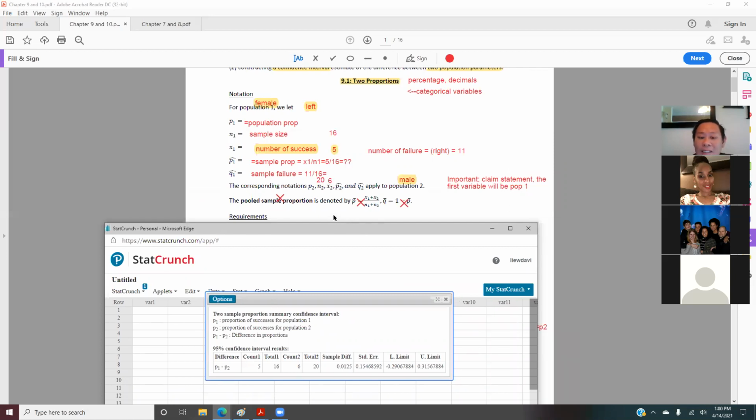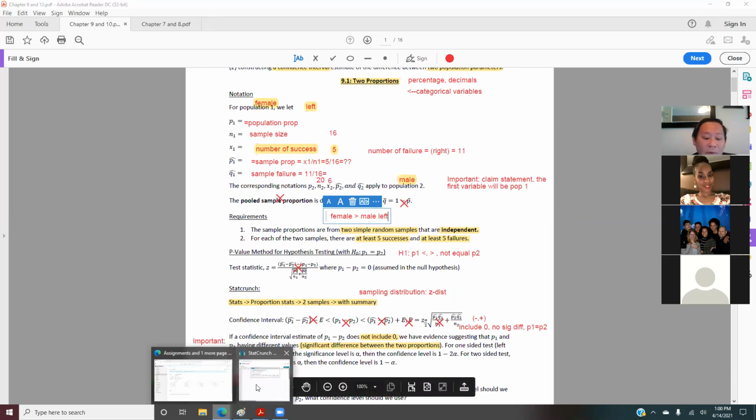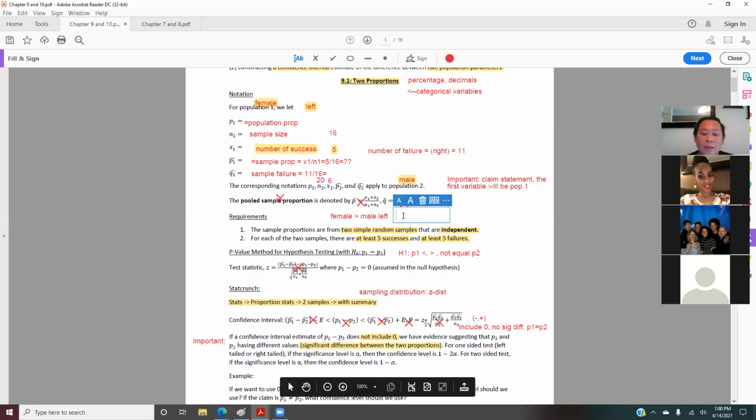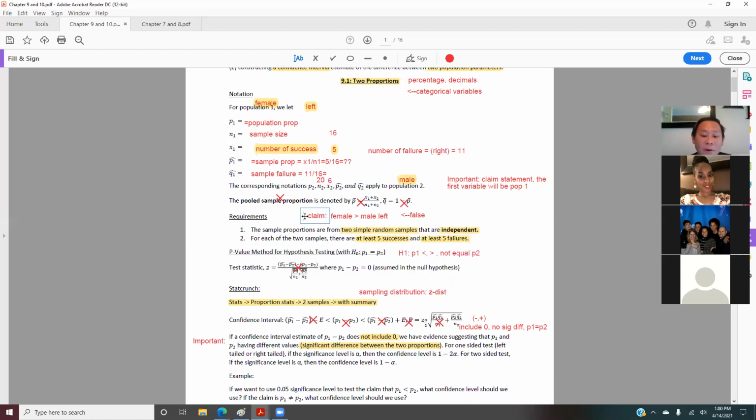Remember, I'm trying to test if female is more than male left-handed, right? But with this result, this is false. The statement will be false. This is my claim statement, that female is more than male for left-handed, and it is false.